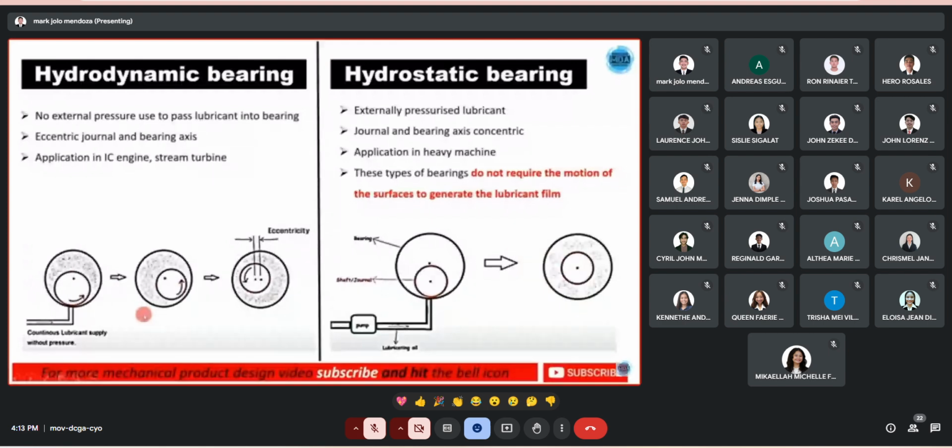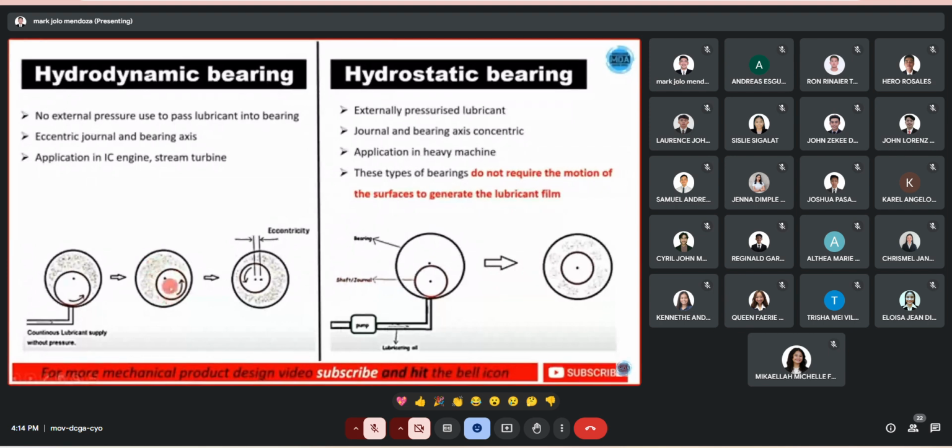In hydrostatic bearing we do not require the motion of the surface to generate the lubricating film. In hydrodynamic bearings, during the running of the shaft, pressure will generate in the lubricating area and it will lift the shaft.